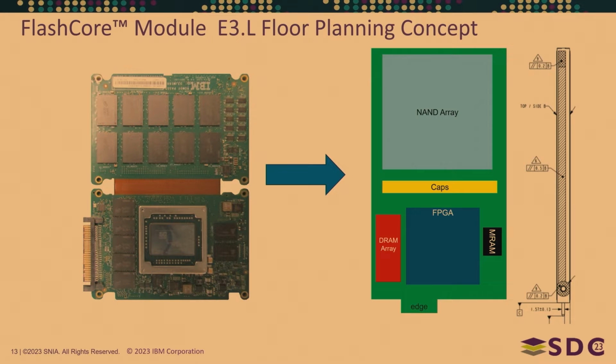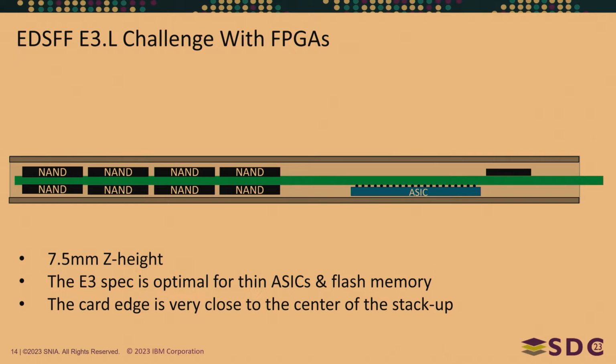The controller, the DRAM, and the MRAM just move right over. And then we don't have to avoid that rigid flex area, so we can put components in between there freely without having to worry about being on the edge of our board. So definitely a feasible layout. The challenge comes with FPGAs. This is a 7.5 millimeter Z height, and our spec is optimal.